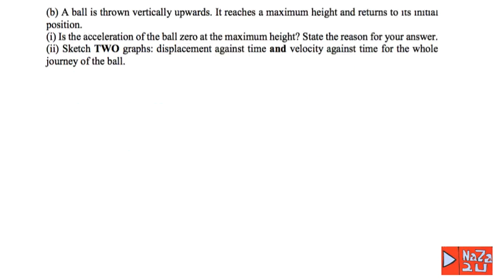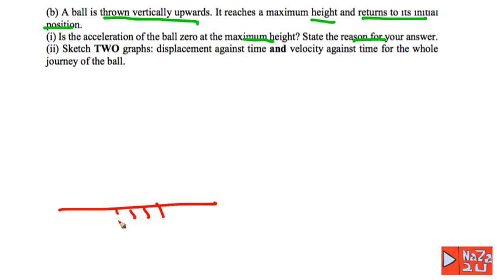Continue to number B. A ball is thrown vertically upward. It reaches the maximum height and returns to the initial position. Is the acceleration of the ball 0 at the maximum height? And state the reason for your answer. So if we draw, let's say this is the ground surface.